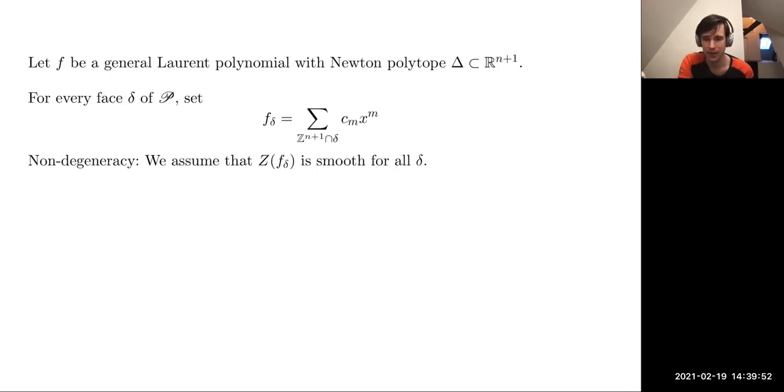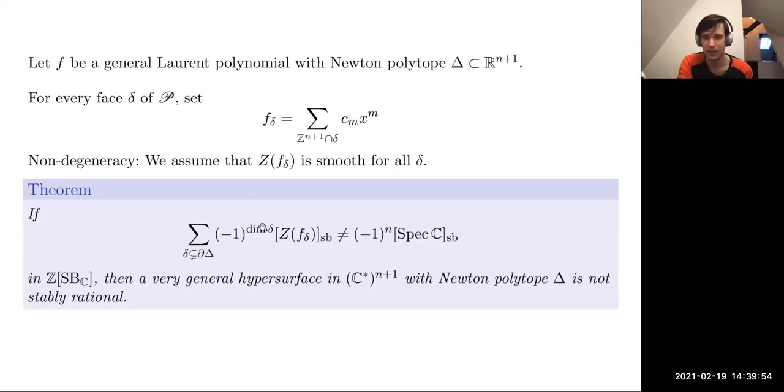If we have that condition, then our earlier motivic obstruction takes the form that we take our polytope and sum over all of the faces not contained in the boundary.